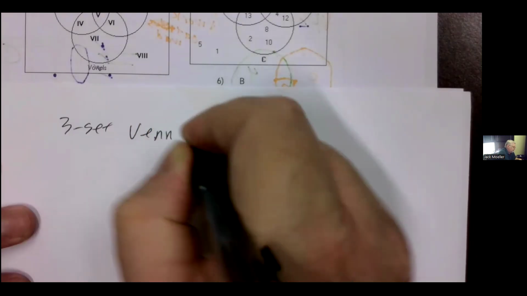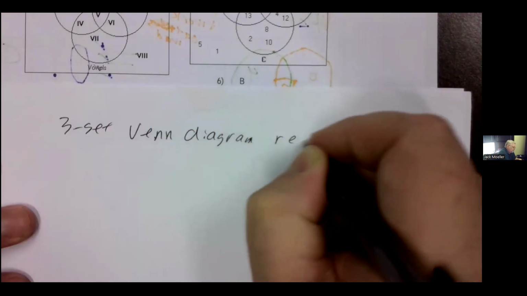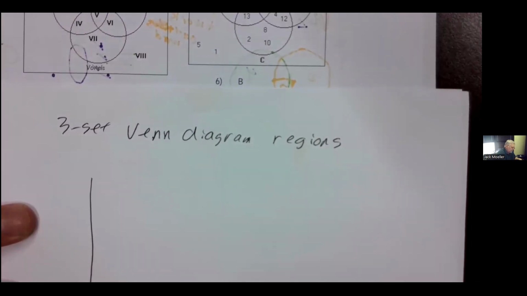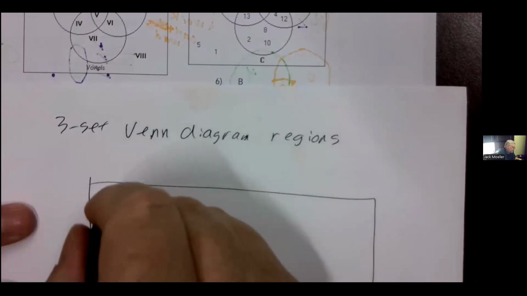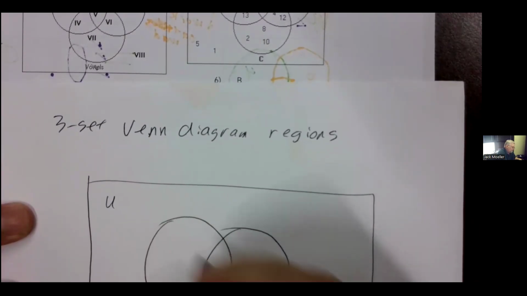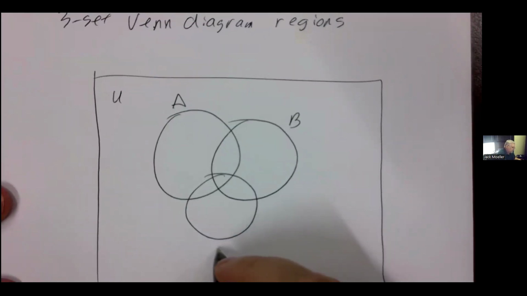We're going to do a 3 set Venn diagram, and again we're using Roman numerals. When you're doing your 3 set Venn diagram, you'll make it a little bit bigger so that you have room for that 3rd circle. You tend to start with A and then go clockwise.